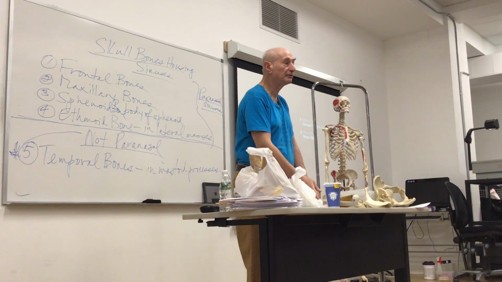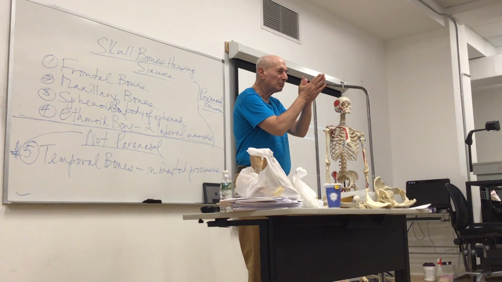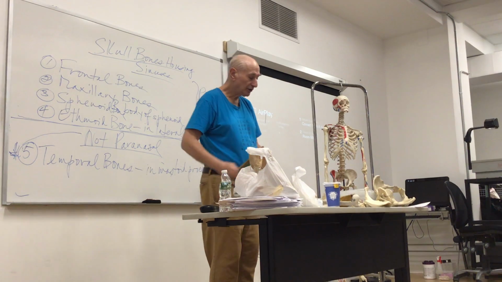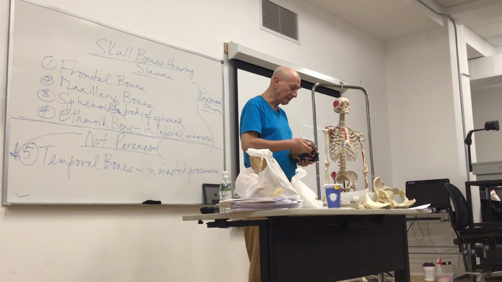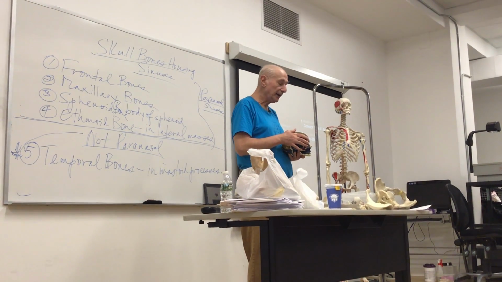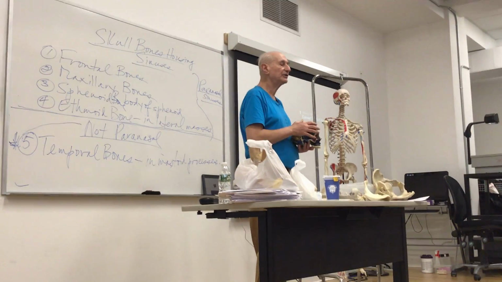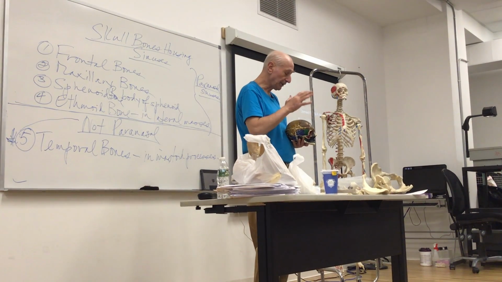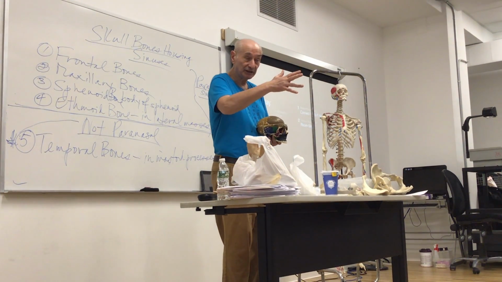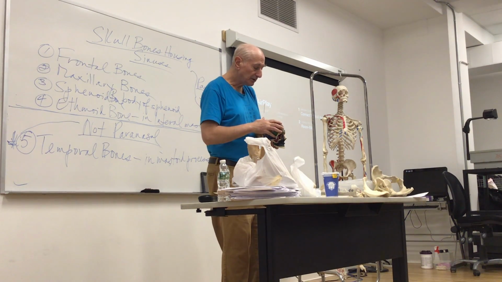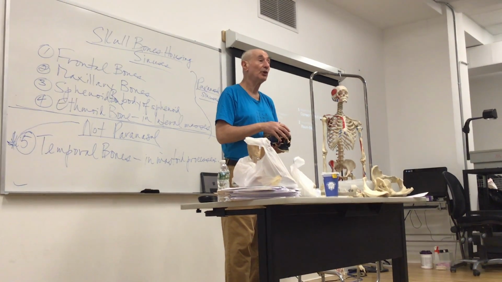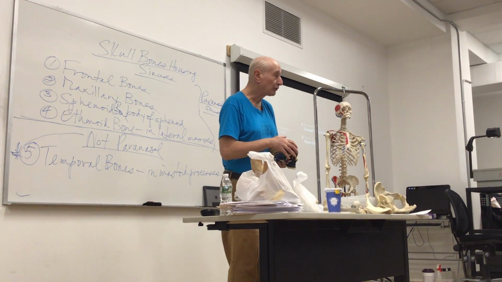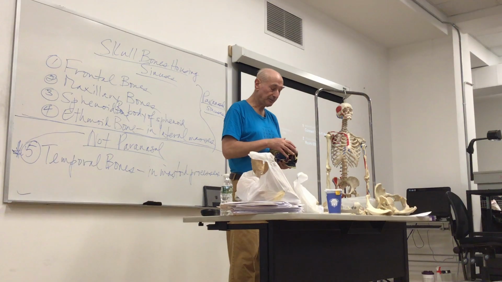If there's a little bit of fibrous tissue limiting movement, it's a suture. Sutures are only found in the skull, and they're synarthrosis. The nice thing about suture joints is that they're only found in the skull, and all skull joints are sutures except the TMJs. So that's very localized, very easy to remember. All suture joints are found in the skull, and they're all synarthrosis, no exception.